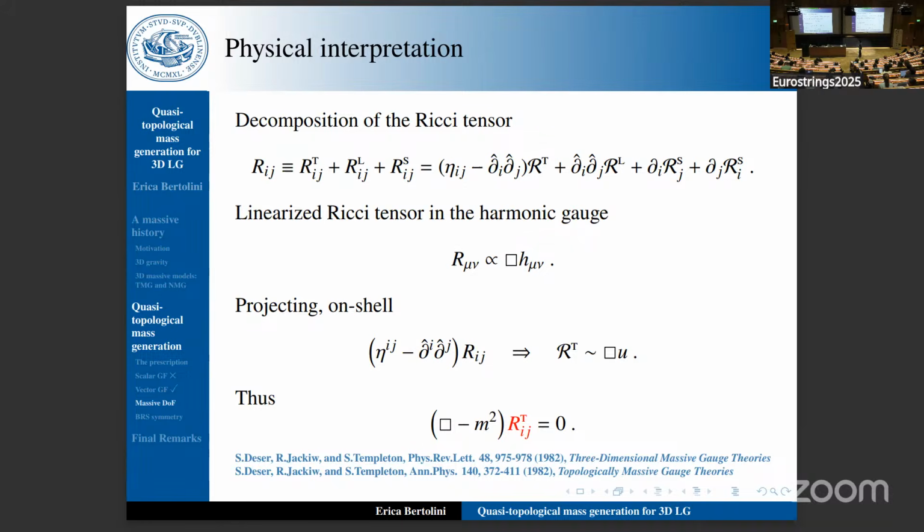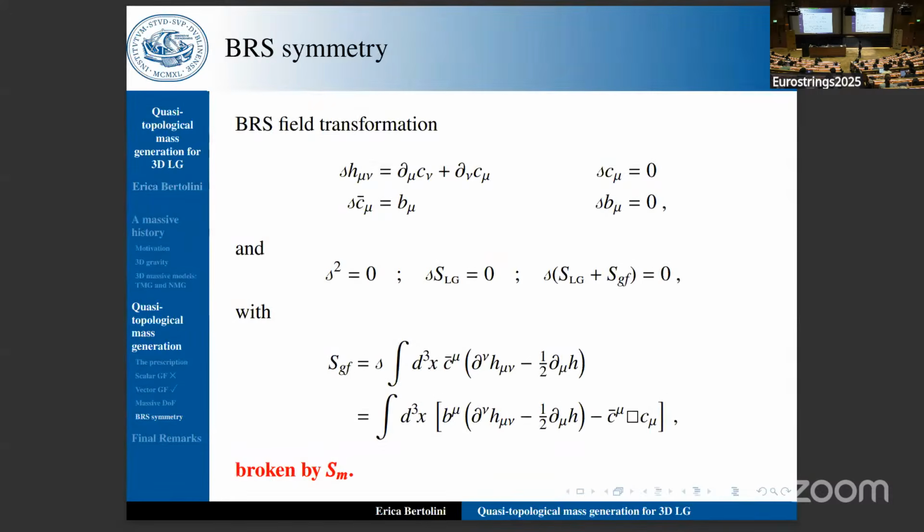Therefore, it is the transverse part of the spatial Ricci tensor which is related to the massive Klein-Gordon equation, which is again in agreement with the result of Nezerjikov and Templeton for the topologically massive gravity.